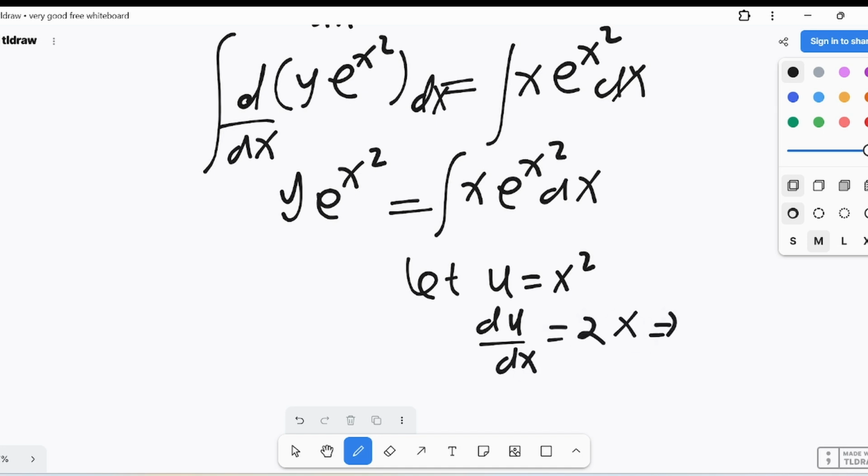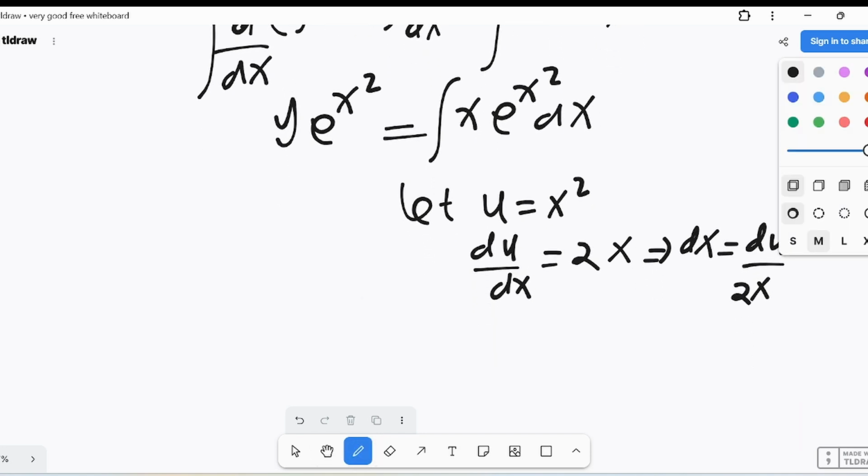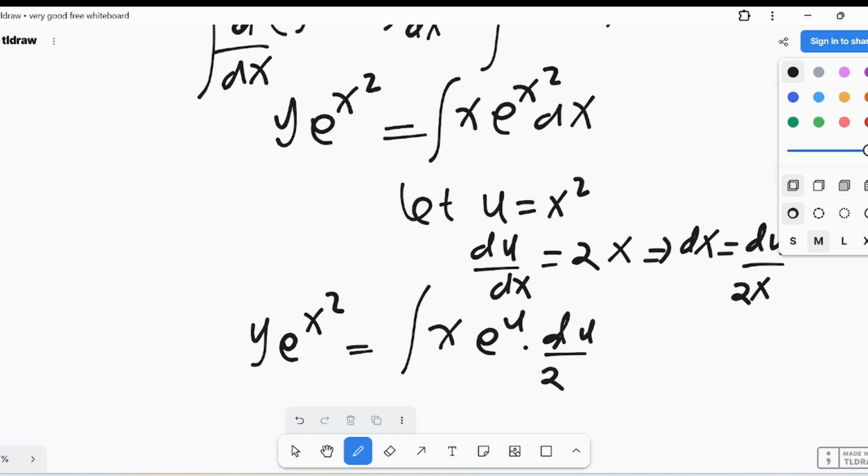So therefore, we can say our dx is the same as du out of 2x. So you're going to substitute it back. So substituting it back, we have y e of x squared is equal to x e of u times du out of 2x.